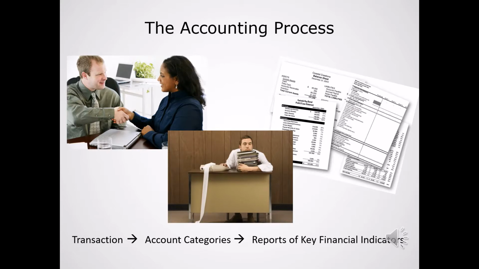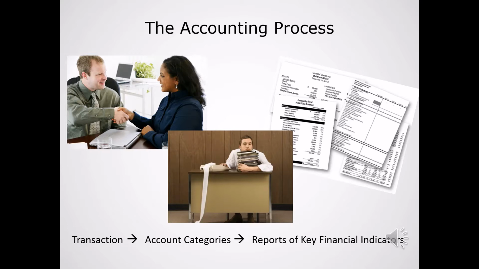Finally, just a look at the accounting process. In business, transactions happen. Usually, when a transaction happens, money exchanges hands, but not always. When a transaction happens, that transaction needs to be recorded in the accounting system.